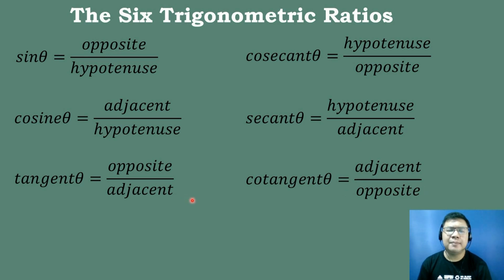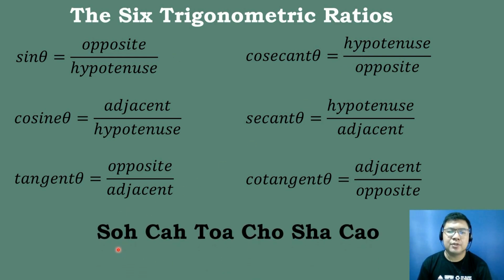Now to easily memorize these 6 trigonometric ratios, let's have this acronym. So we have SO, KA, TOA, CHO, SHA, KAW. So remember this acronym. So we have SO, sine is equal to opposite over hypotenuse.